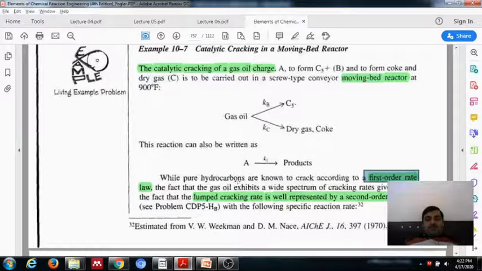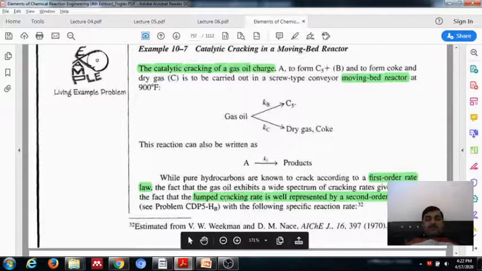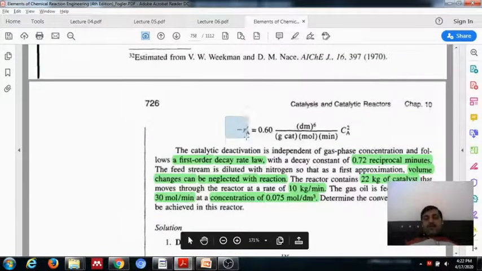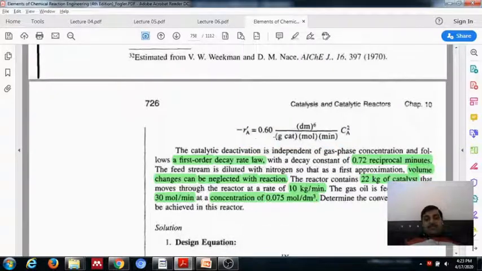This is known knowledge. But how this complete reaction is treated, that is where the lump cracking rate is presented by a second order rate law. So your rate of reaction is given as minus RA, which is second order with respect to the reactant. The catalyst deactivation is independent of gas concentration, and it follows the first order decay rate law.